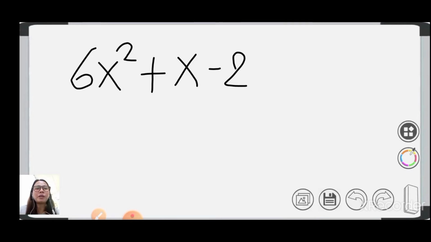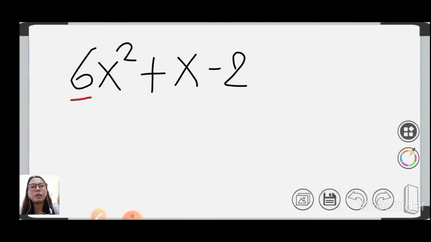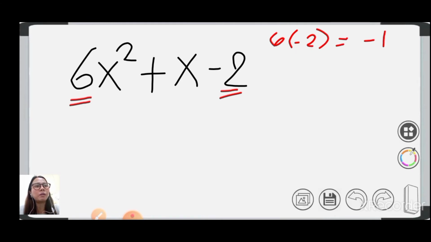Since the numerical coefficient of x squared is greater than 1, we must take the coefficient, which is 6, and negative 2. So let us multiply 6 and negative 2. 6 times negative 2 is negative 12.